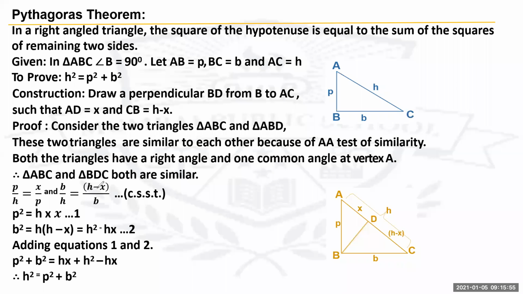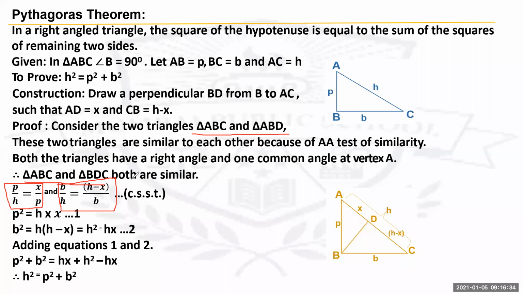Now, as this is equal, you'll get the ratio P upon H equals X upon P from triangles ABC and ABD, and B upon H equals H minus X upon B from triangles ABC and BDC. These are the corresponding sides of the similar triangles.